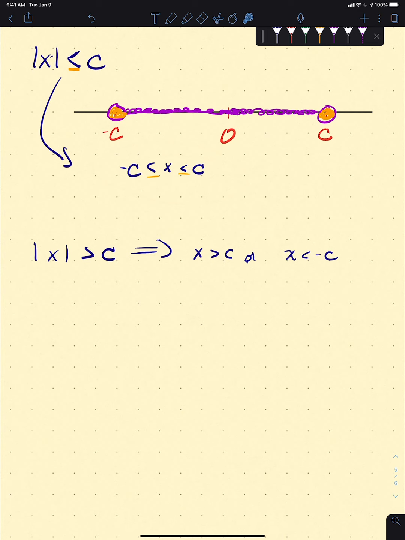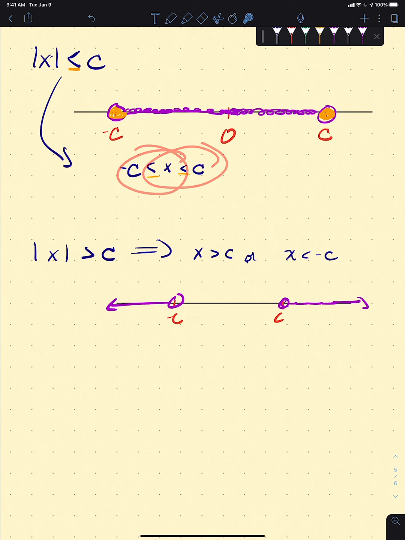But for these situations where our picture is diverging, where you might have c here, negative c here, and x looks like this, we don't write nested things, because this is an or. It's either here or here, rather than giving you both this solution and that solution at the same time.